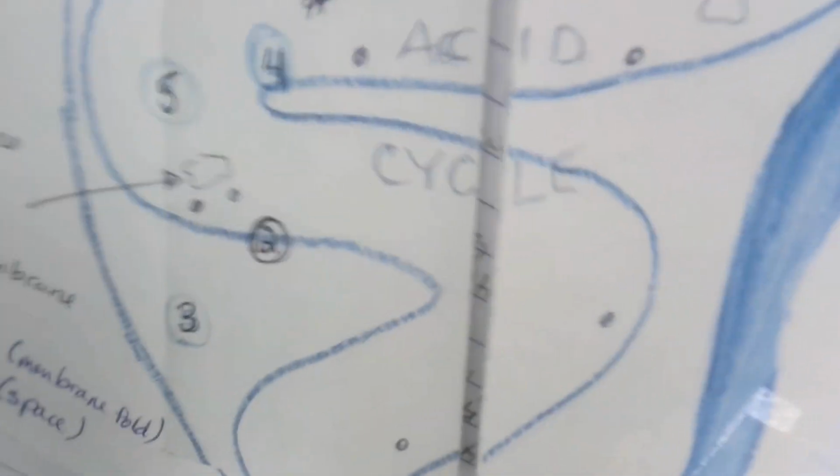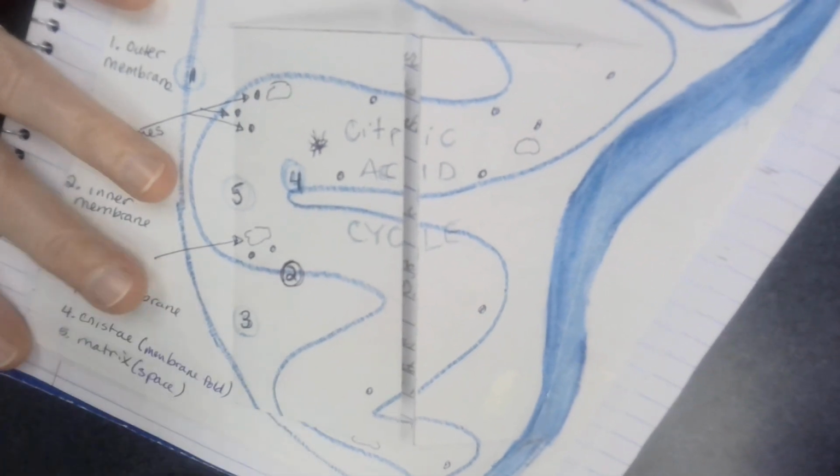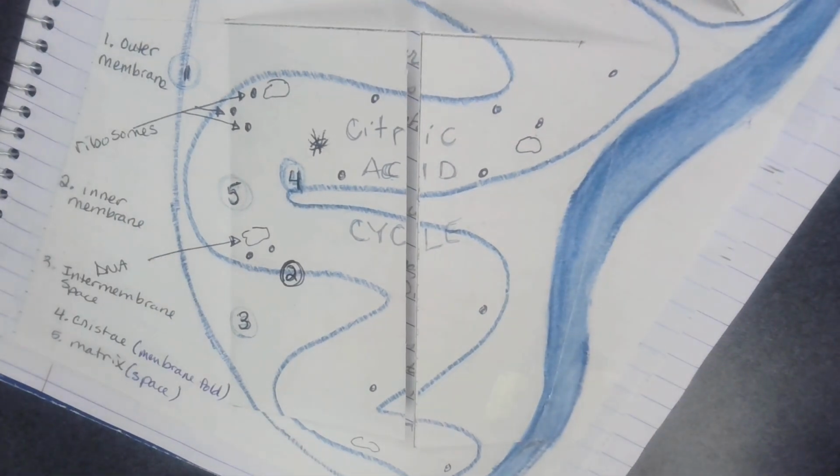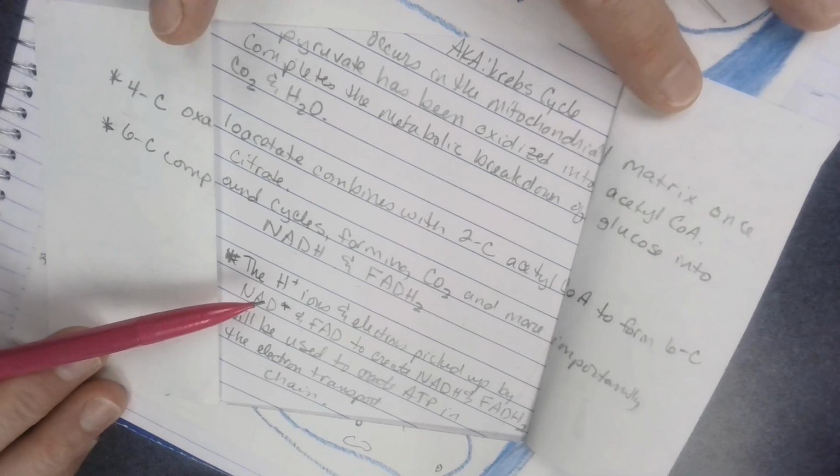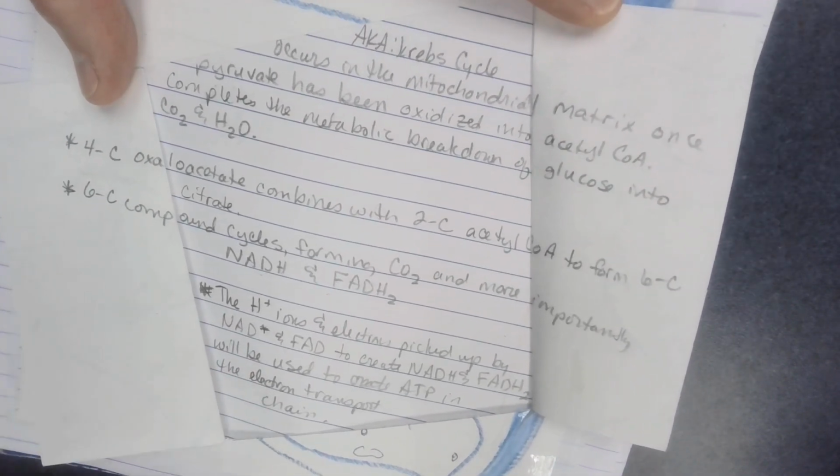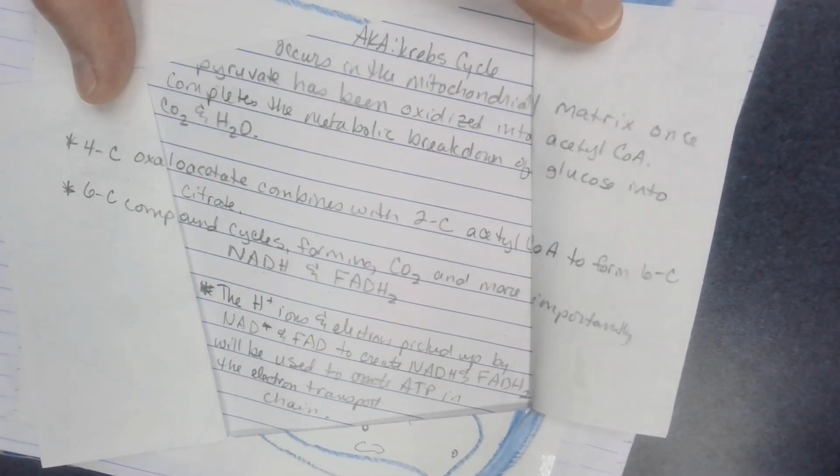Citric acid cycle, also known as the Krebs cycle. It occurs in the mitochondrial matrix once pyruvate has been oxidized into acetyl-CoA.